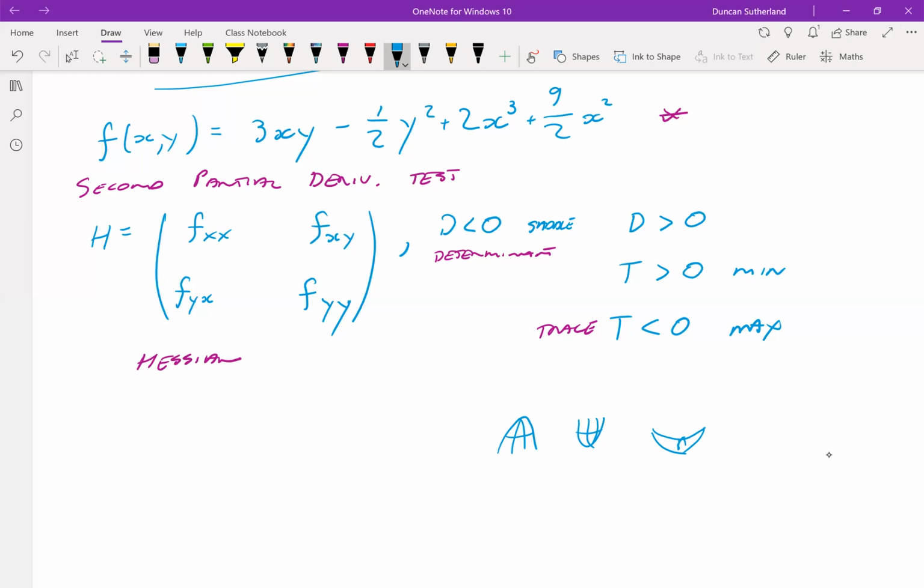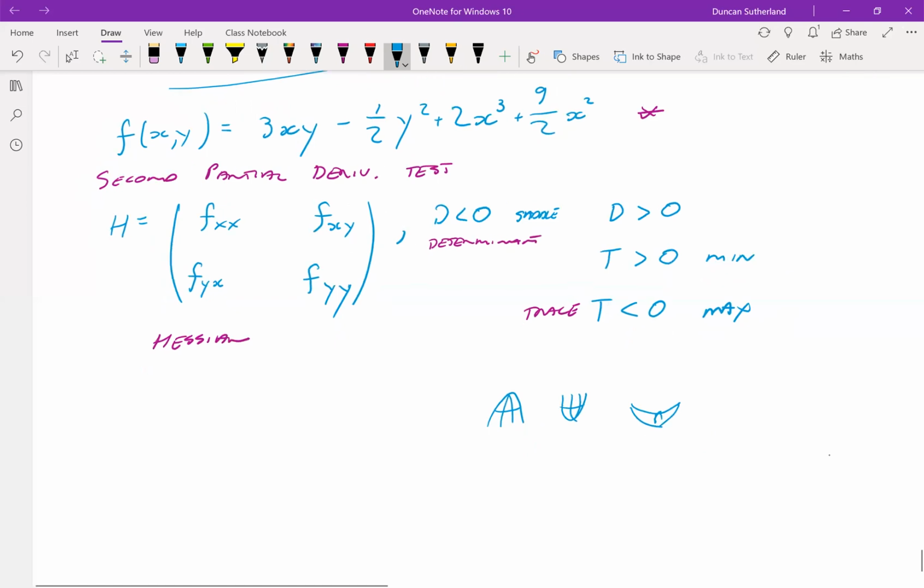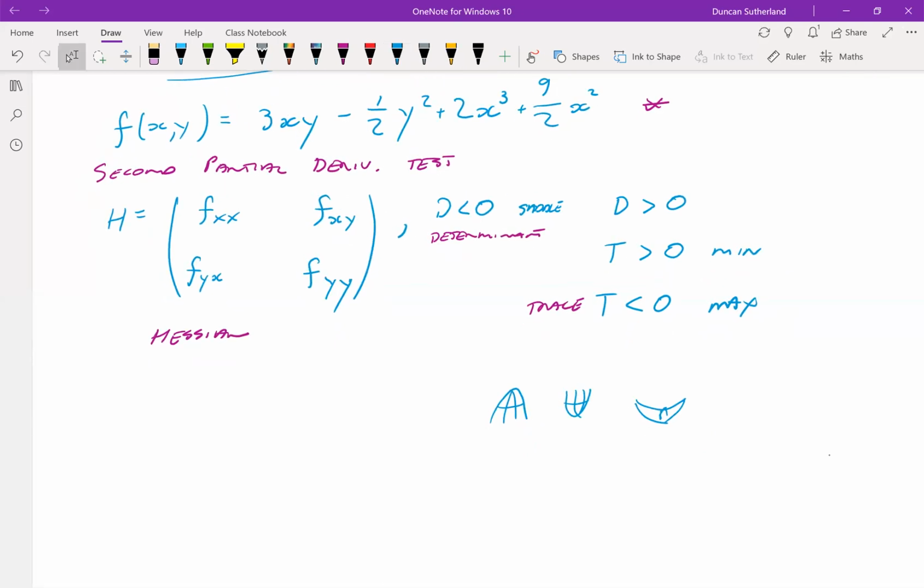All right. We firstly got to find the critical points. Now, the critical points are where the first derivatives are simultaneously 0. So we have to find f sub x, f sub y, the first partials, and set them equal to 0 simultaneously. So let's go about differentiating.